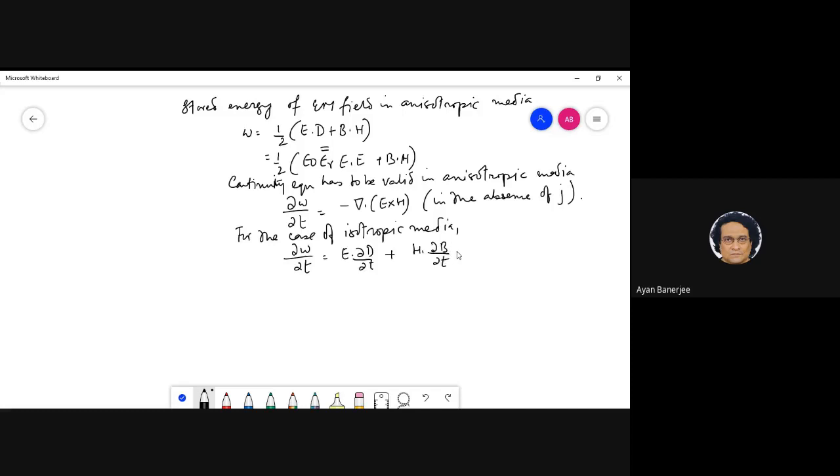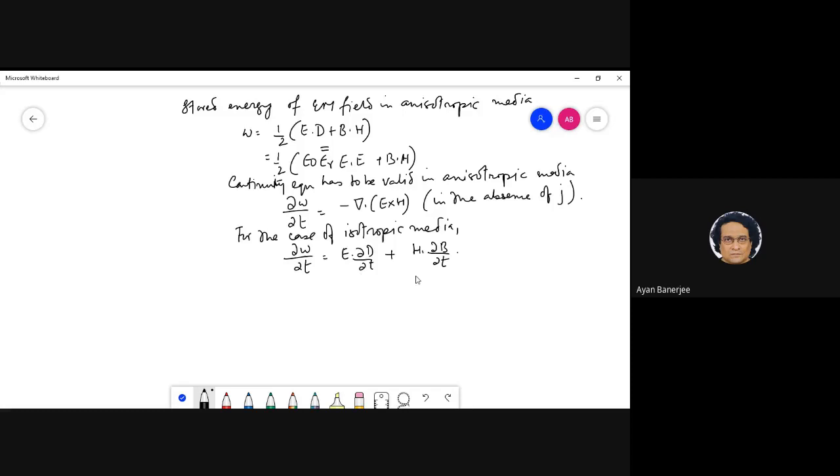I am actually going to come to what it will take for this to be satisfied in anisotropic media. What is the crucial requirement that we have in order to say that this is equal to this?